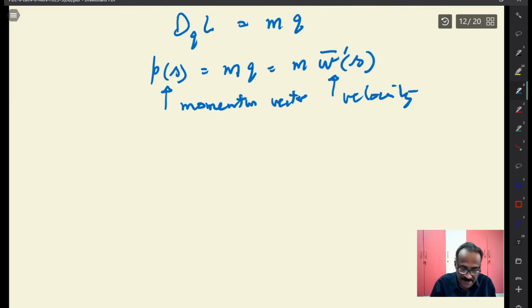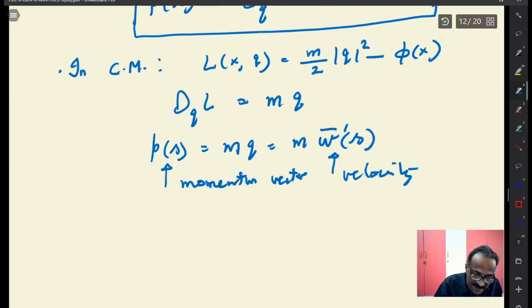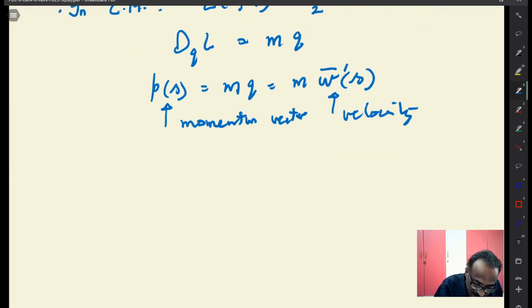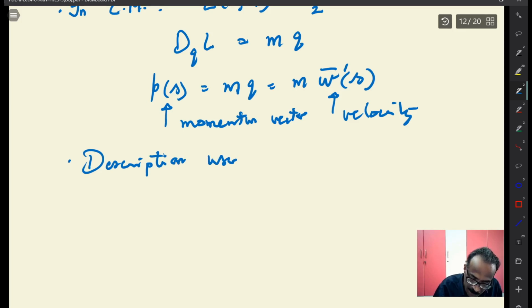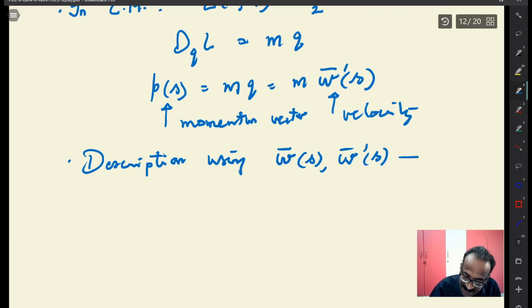One of the issues is that, if you understand classical mechanics well, a description using position and velocity, that is W bar and W bar prime, which is your Q of S, is the Lagrangian formalism.